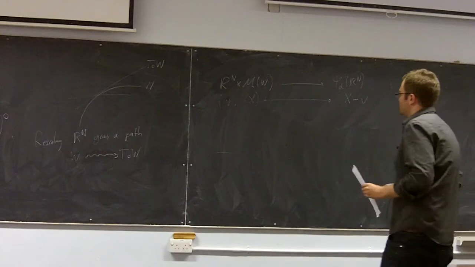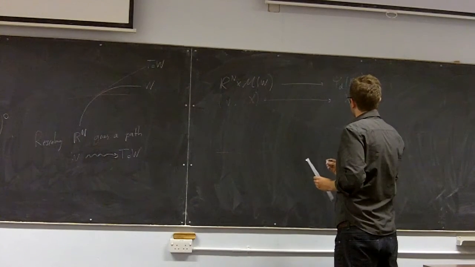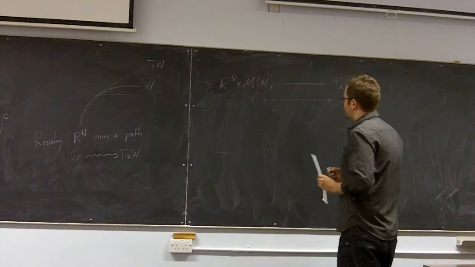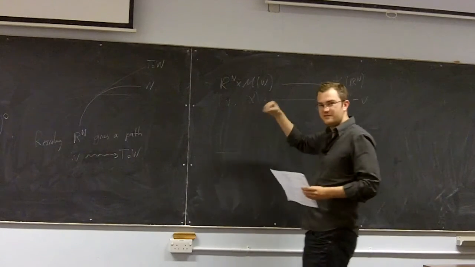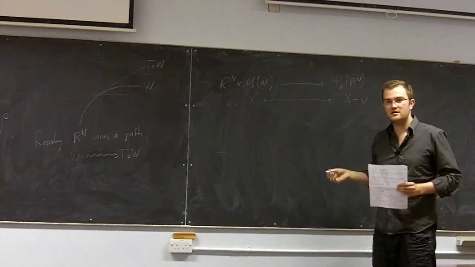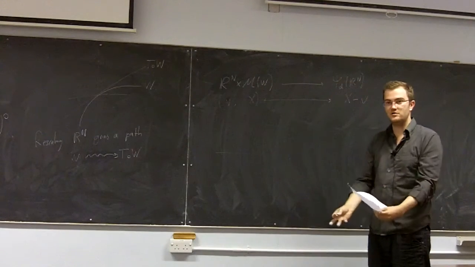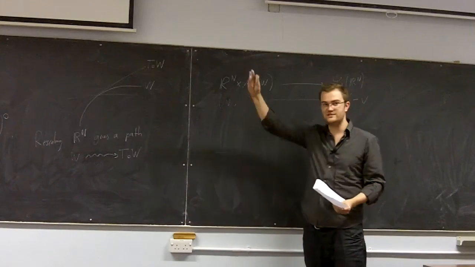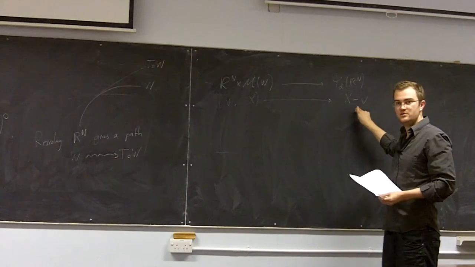Now, again, what you notice, because x is compact, if I fix x and just think of this as being a function of v, then eventually it leaves every ball. As the norm of v gets very large, this eventually leaves every ball.